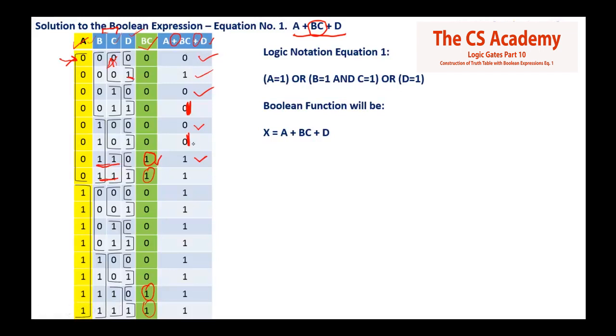So this is 1. These two are 1s. Okay, this is 1 and this is also 1. Okay, so here this is D. So now next is D and next BC becomes 1. So this here is 1 is okay, right? And now BC again 1 and D is also 1.